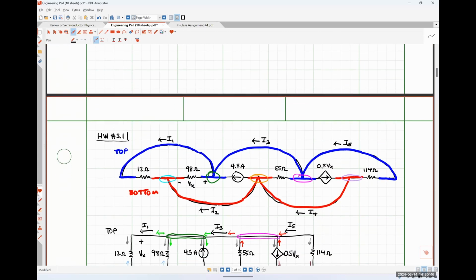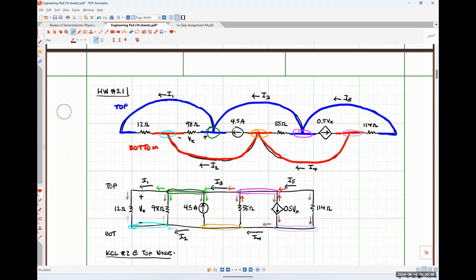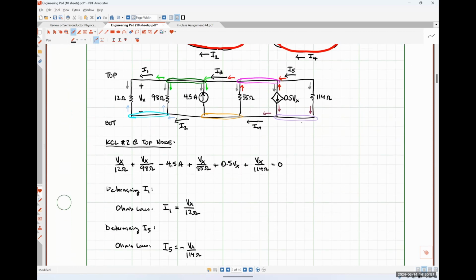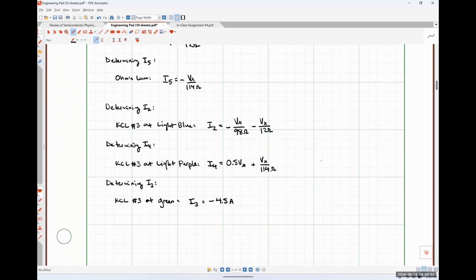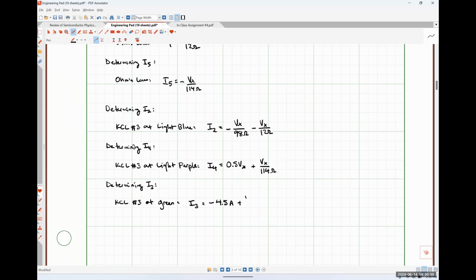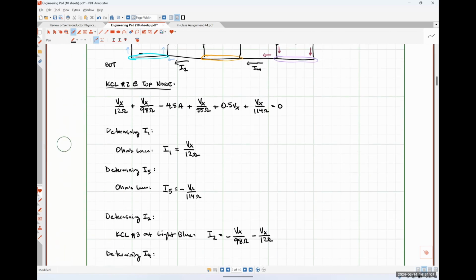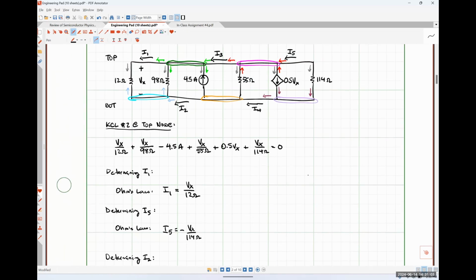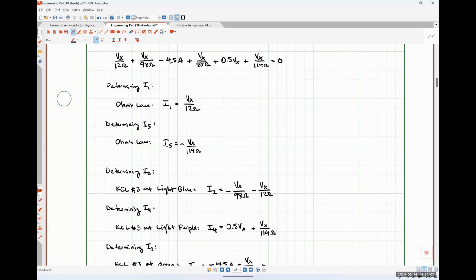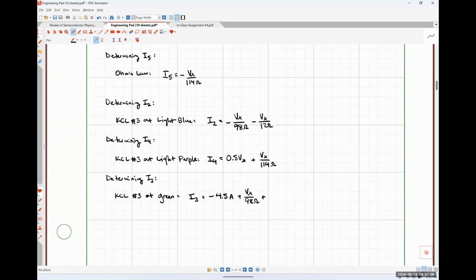The current flowing down through the 98 ohm resistor is Vx over 98 ohms. And lastly, the current flowing down through the 12 ohm resistor is just Vx over 12 ohms. And now we have an equation to solve for all of the different currents that we were looking for.